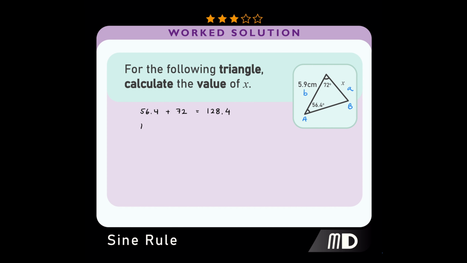So B is equal to 180 minus 128.4, which is equal to 51.6 degrees.